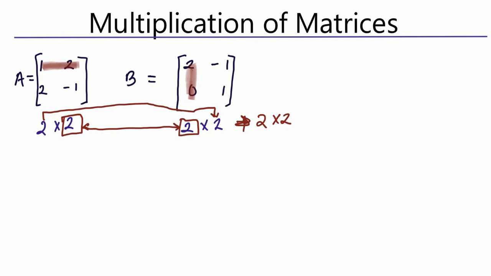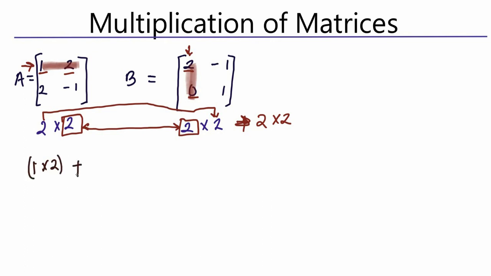So in this example, in our first row and our first column, we are going to have the element 1 multiplied with 2. Then we add 2 multiplied by 0. So we have 1 times 2.